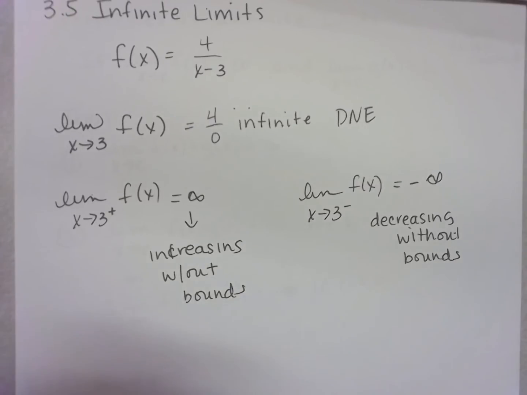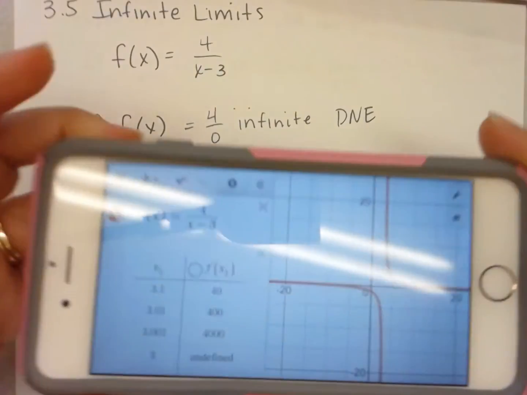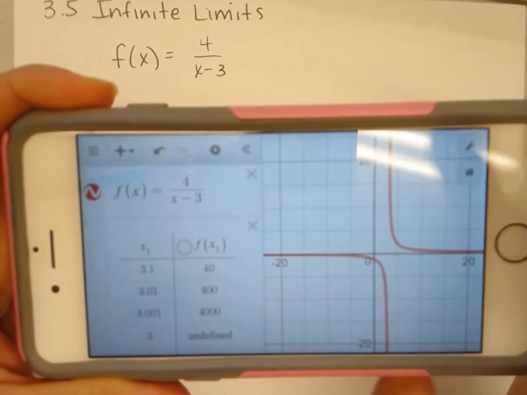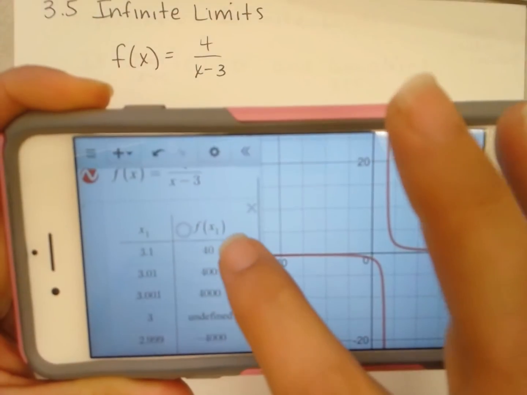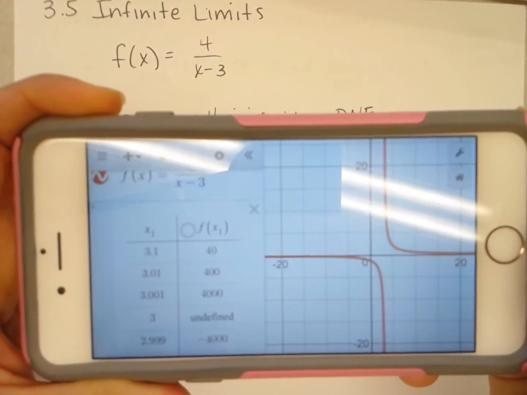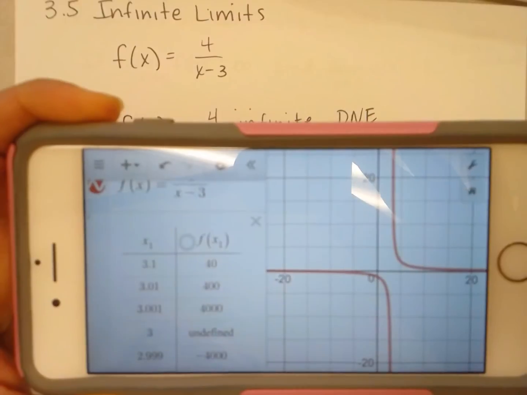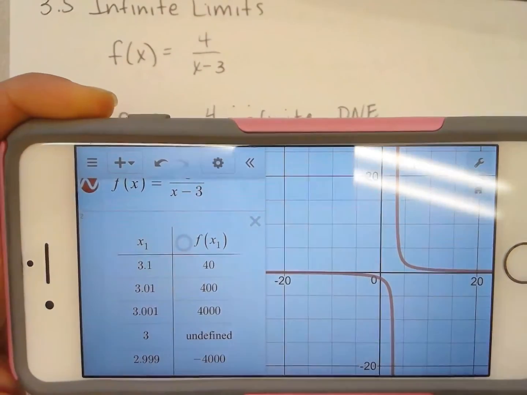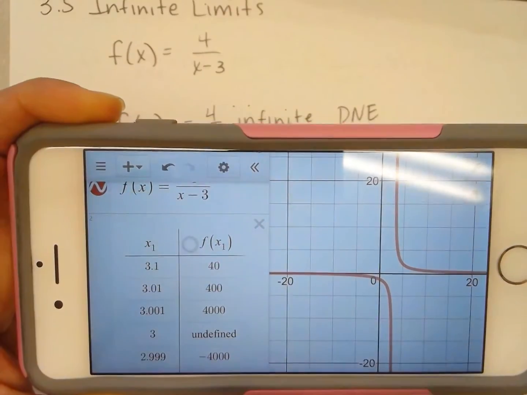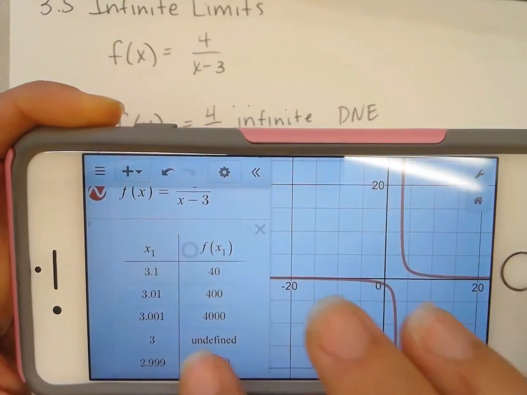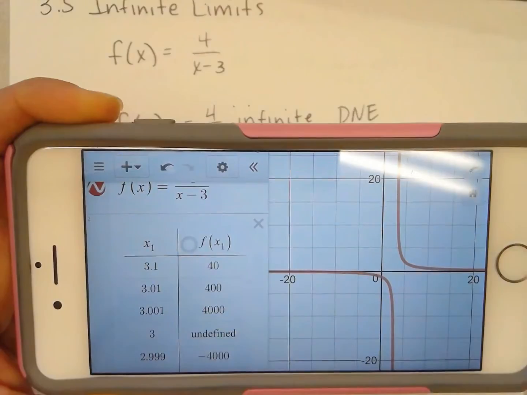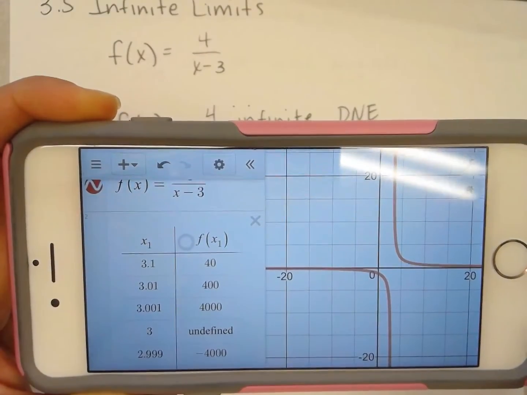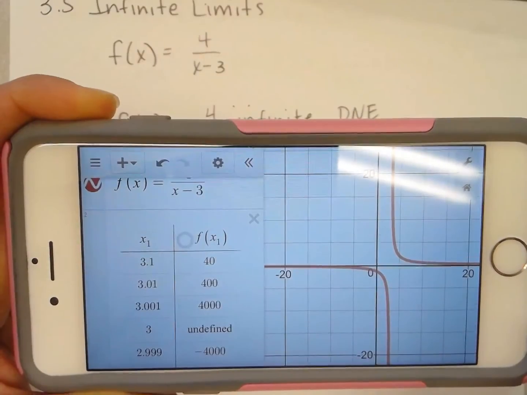Now, if I didn't know what the graph looked like, I have the table set up here. This is the original way that we learned how to look at limits; now we don't do that anymore because it's only an approximation, but we could just use a table. So from the right I plug in 3.1 and I get 40, 3.01 and I get 400, 3.001 and I get 4,000.